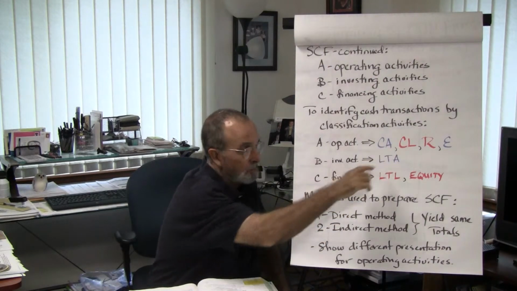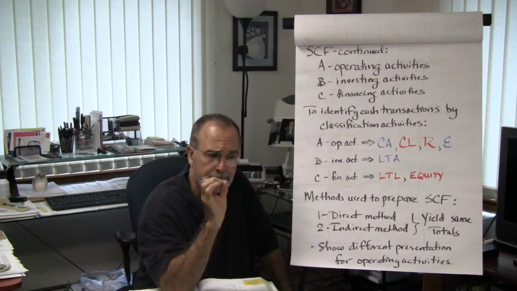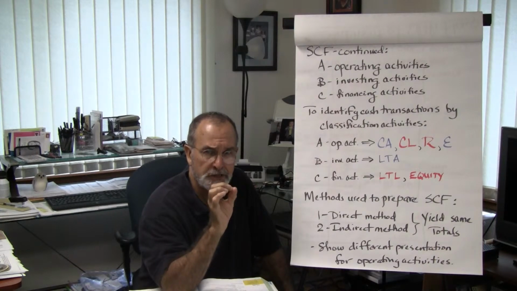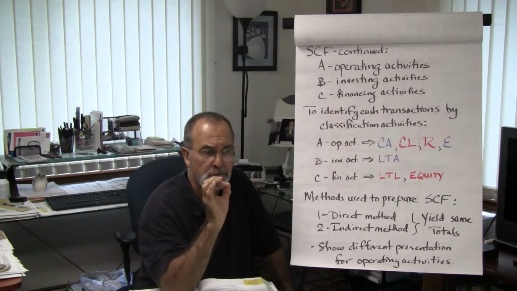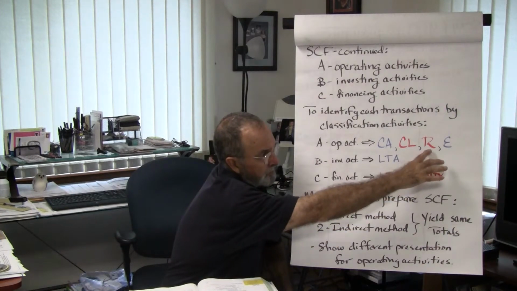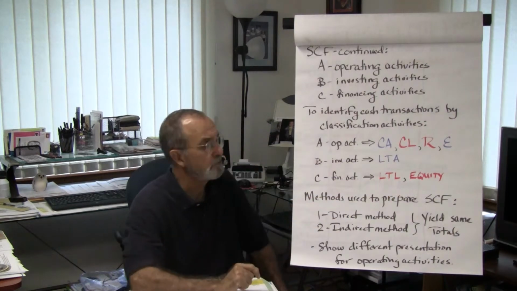We're also looking at current liability accounts like accounts payable, maybe other accrued liabilities like wages payable, income taxes payable, and so forth. We are also focusing on our revenue and our expense accounts.